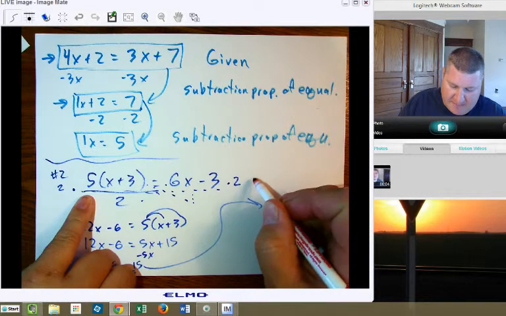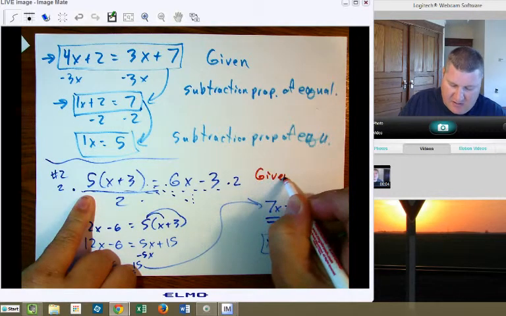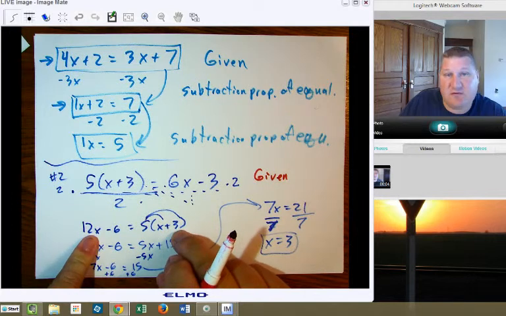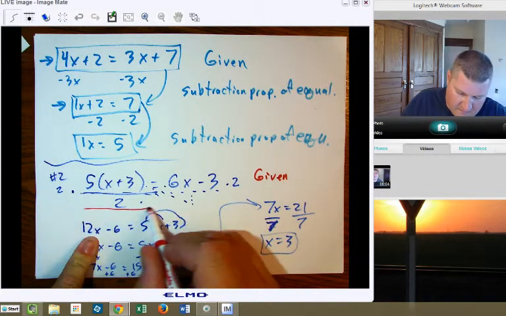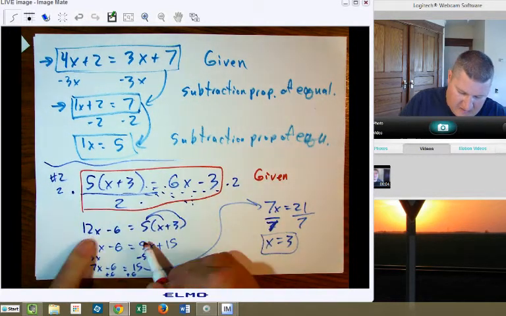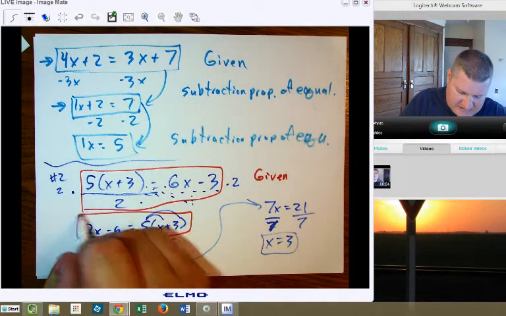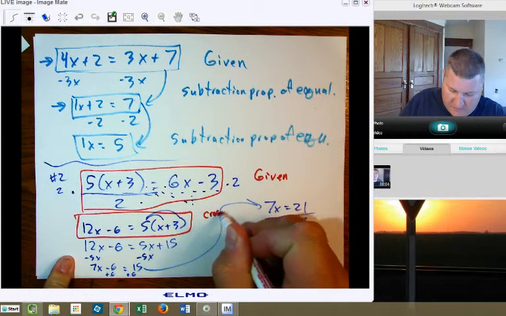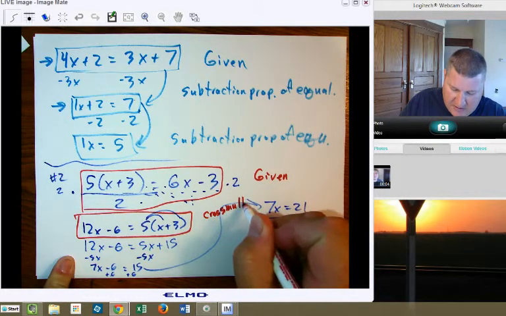First of all, this piece up here was given. Now, in this case, you could give me two different reasons for how we moved from this step to this step. For some of you, you may say cross multiply.